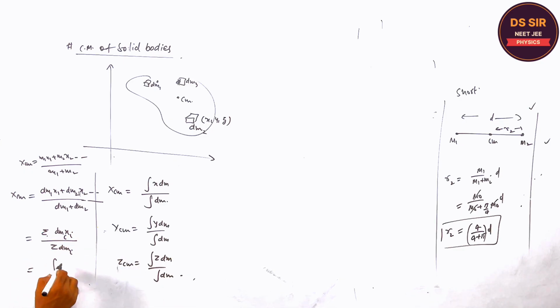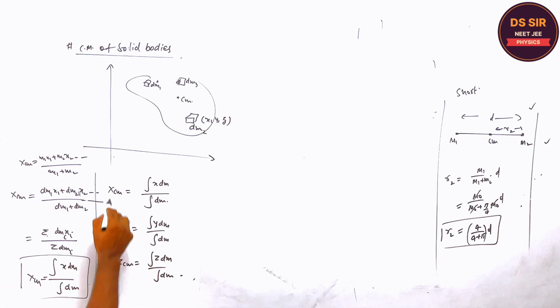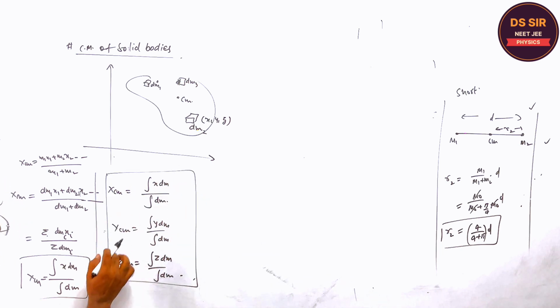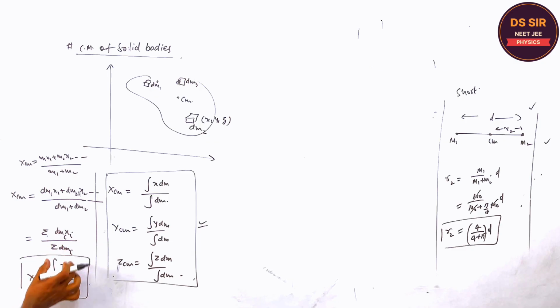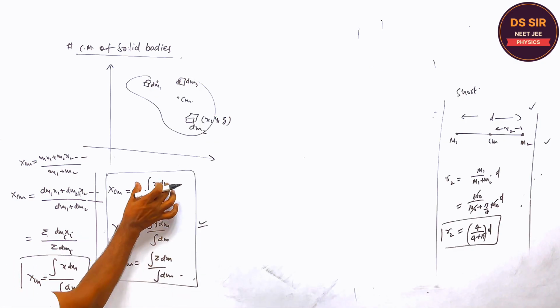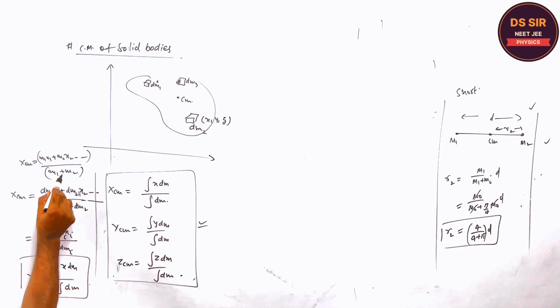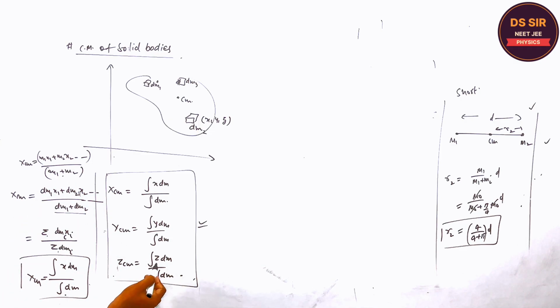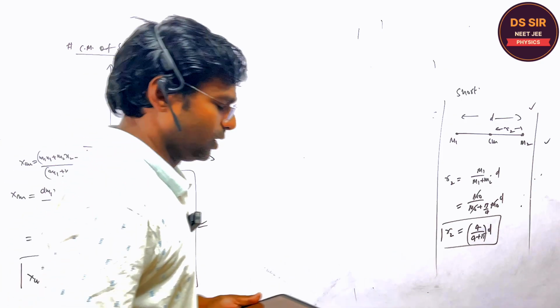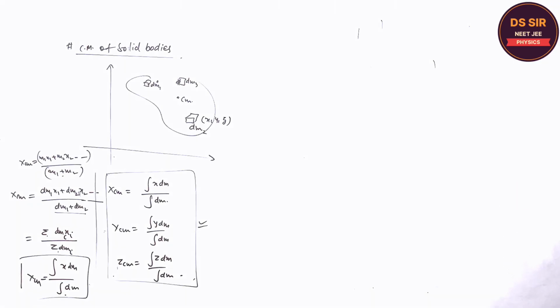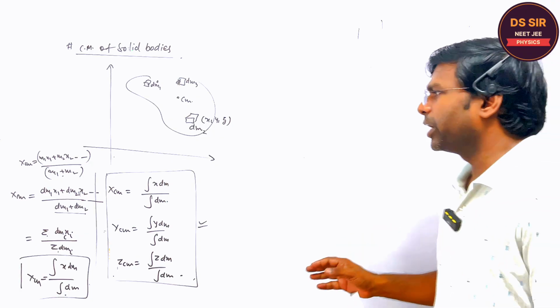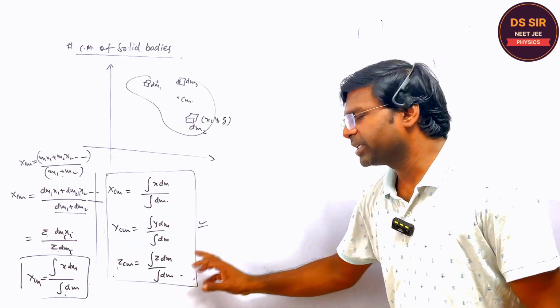This summation is nothing but the integration of x dm over integration of dm. You may or may not write this theory, but the formula for x_cm, y_cm for the solid body you must remember. Summation is nothing but integration, and in the same way all the formulas come. Copy this.